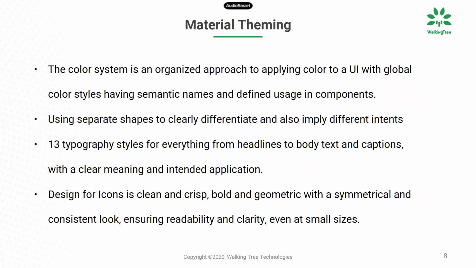When we look at material theming, what are the different aspects which we can control? If you look at the color system, it is a very organized approach of how you can apply color to your UI. The different aspects of the UI are properly defined, along with how the color is applied to the component.